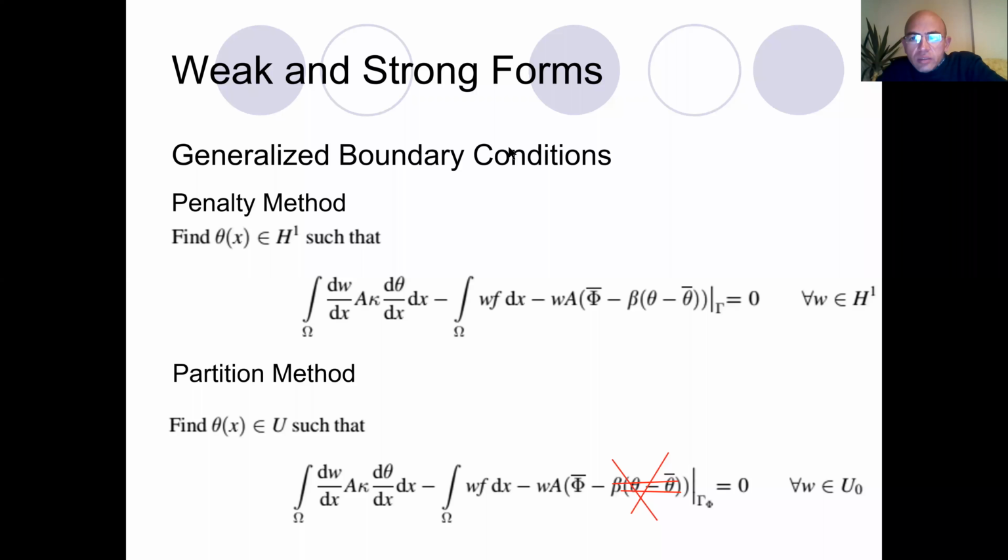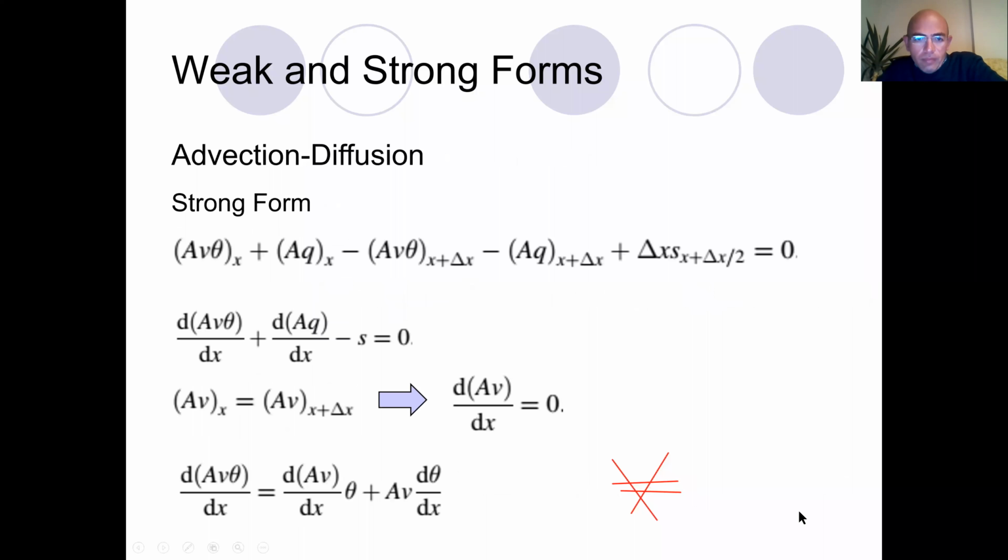So remember that w has to be 0 on the prescribed boundaries. Okay.